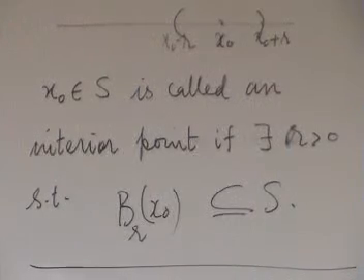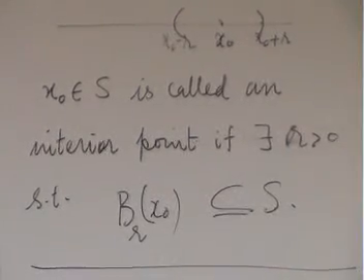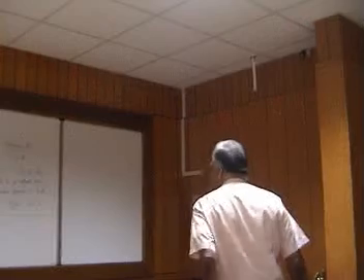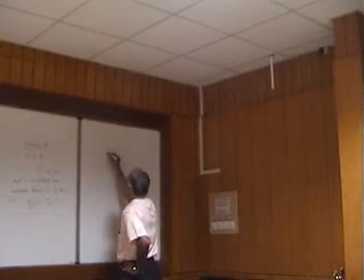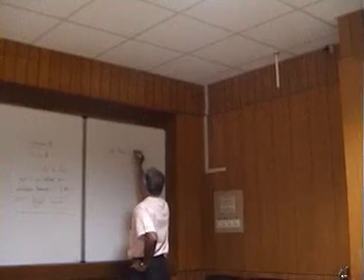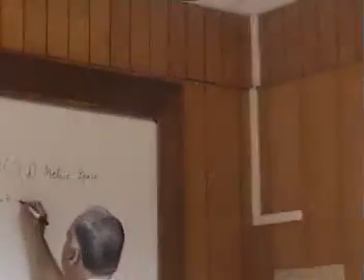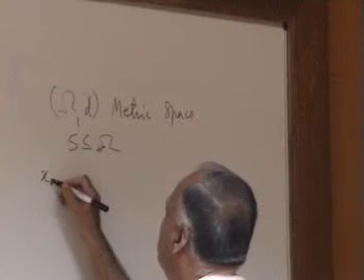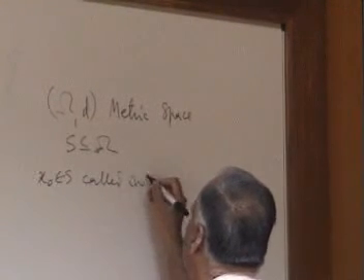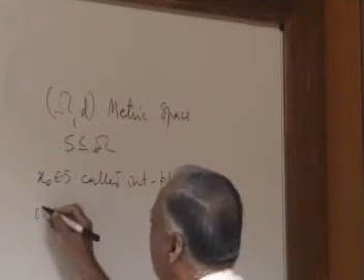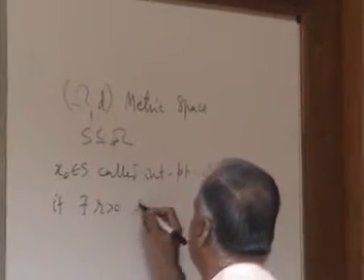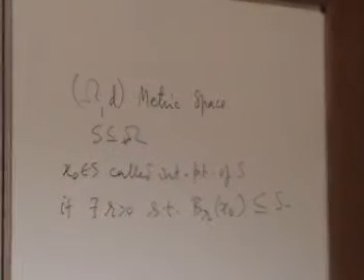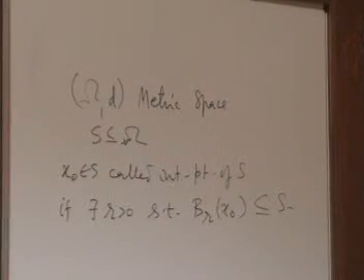In any metric space, if you have a subset S, a point x0 belonging to S is called an interior point if there is a whole ball around that point which lies inside S. So immediate generalization: Omega, d a metric space, S contained in Omega, x0 belongs to S is called an interior point of S if there exists a positive radius r such that the ball of radius r about x0 is contained in S. So this is the immediate generalization that comes out of these notions.